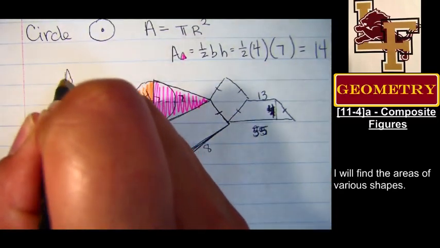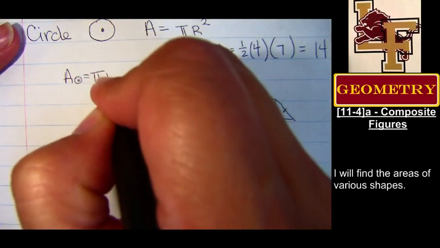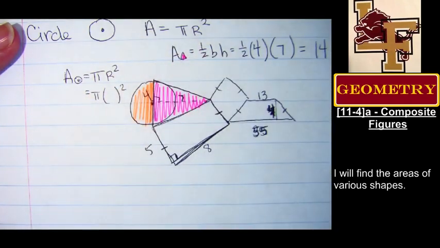So area of the circle is, what's the formula for area of a circle? Pi times the radius squared. What is the radius of this circle? 2, half of 4.